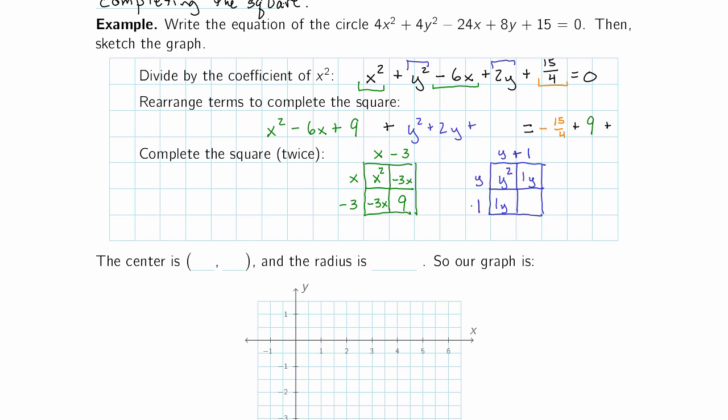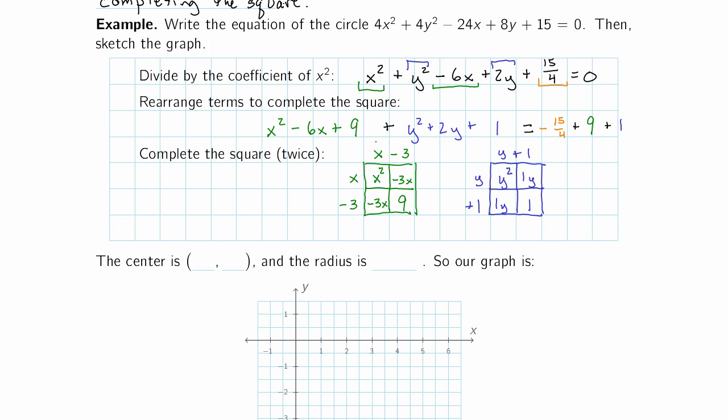So these are both going to be plus 1. And then 1 times 1 is 1. That's the constant I need here. And if I add a 1 on the left, I need to add a 1 on the right. So this is just the same completing the square that I've done before. I just need to do it twice, once in the x terms and once in the y terms.